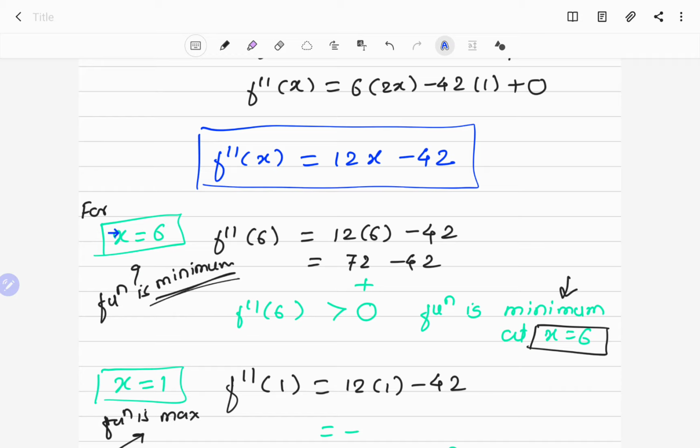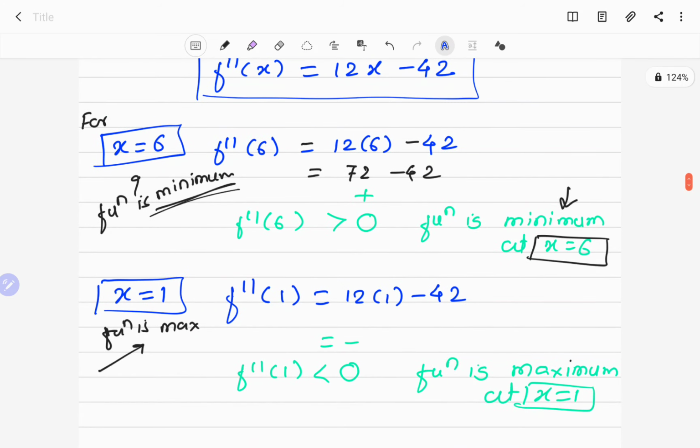So we got these 2 values of x. Substitute x equal to 6 and x equal to 1 in the second derivative, and observe the final answer of the second derivative. If you observe here in this example, we got the second derivative positive for x equal to 6. It means the conclusion is the function is minimum at x equal to 6.